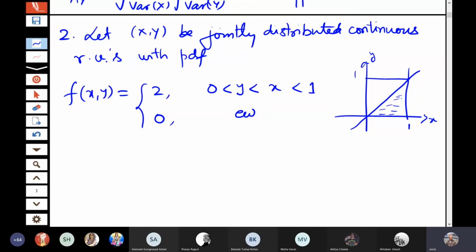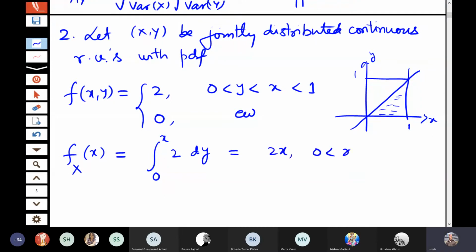So once again we will require the expectation of x, variance of x, expectation of xy, etc. So let us calculate the marginal distributions here. The marginal distribution of x is obtained by integrating the joint distribution with respect to y. Now the region of integration of y for a given x is 0 to x, that is 2x.